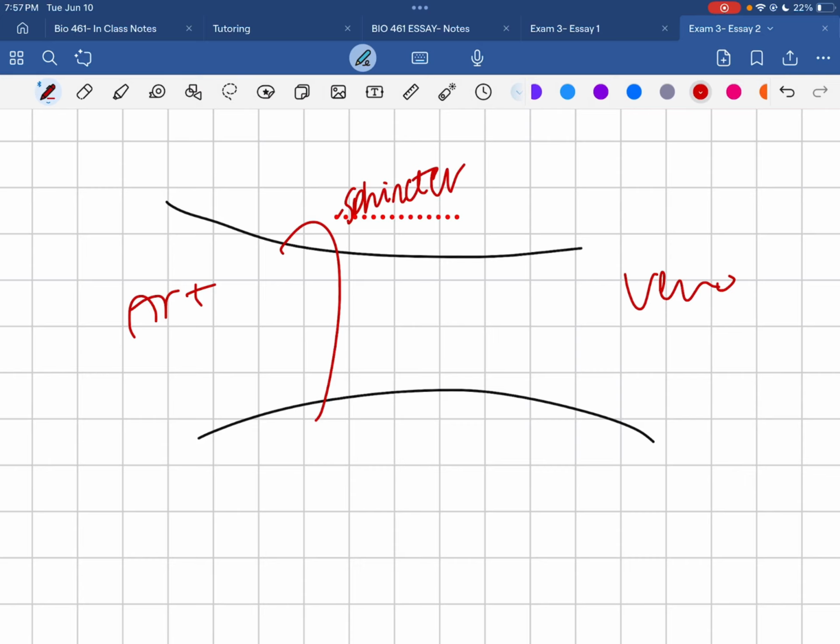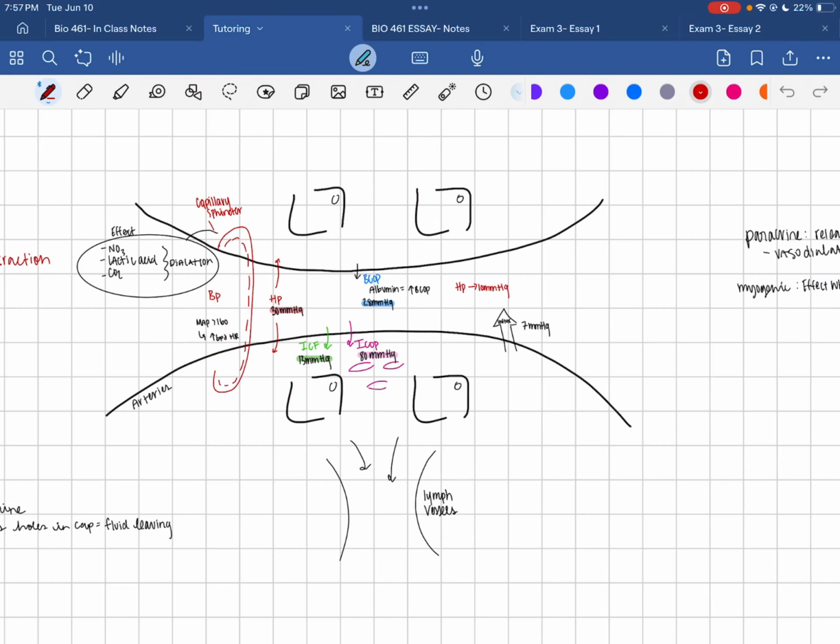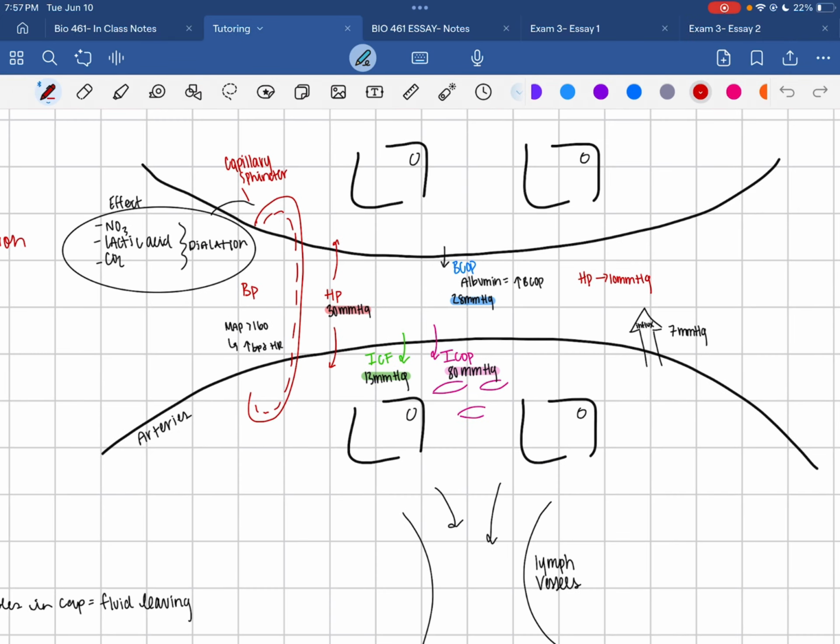So this picture right here is just basically showing our values, but this one is going to show us a bit more in depth of helping to maintain the blood pressure. I'm actually going to go over to this end.